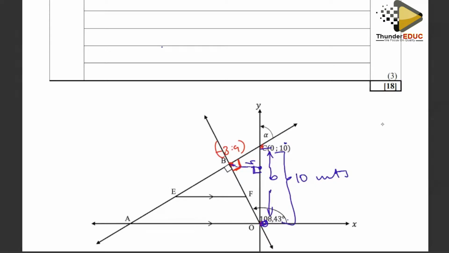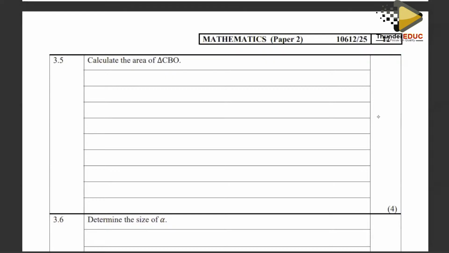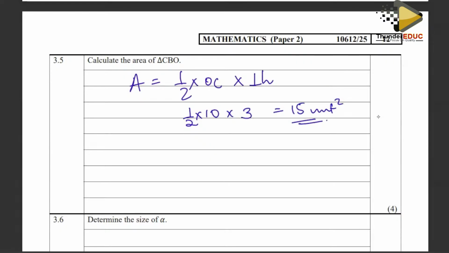Then the distance from this line up to the B is going to be 3 units. Distance is never negative, so that's 3 units. So our area is going to be a half times the OC, then multiplied by the perpendicular height. So a half times 10 multiplied by 3, which gives me 15 units squared. I feel this is the quickest.